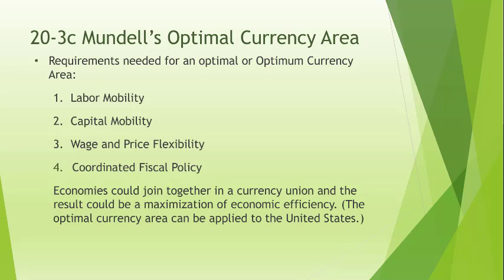Wage and price flexibility. The idea here is that if wages and prices get out of whack between different parts of a single currency area, like in the US, then labor will flow if the wage differential is big enough between various parts of the country.